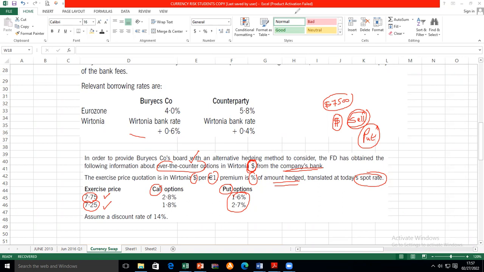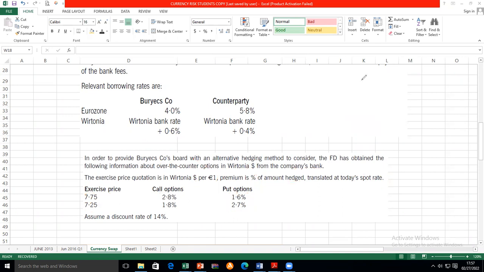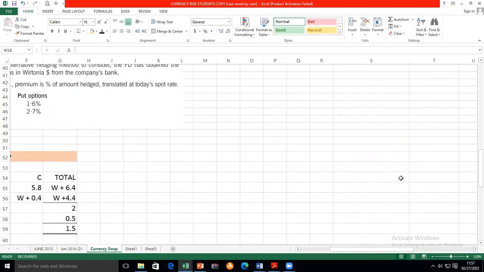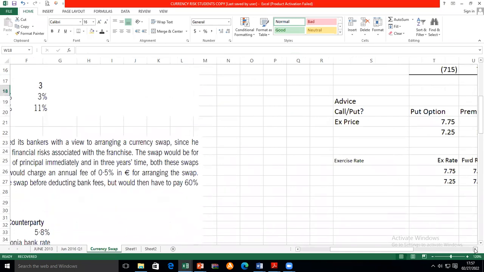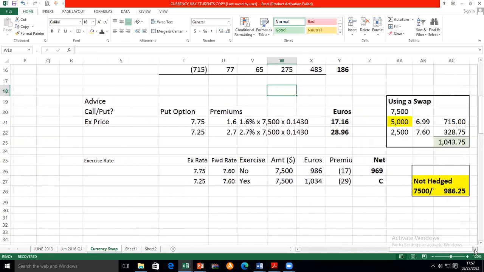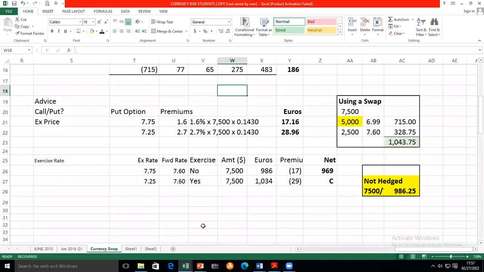Let's take out this. These are copied here.